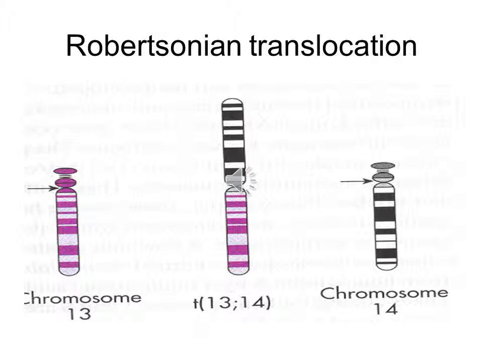For example, if there's been a fusion in the short arms of the chromosomes 21 and 14, an offspring inherits a gamete containing the fused chromosome, receives an extra copy of the long arm of chromosome 21. This person then would develop Down syndrome. Robertsonian translocation is responsible for about 3 to 5% of the cases of Down syndrome.